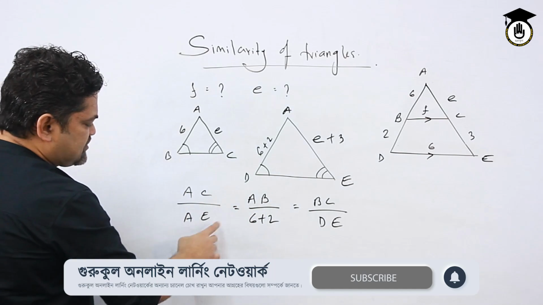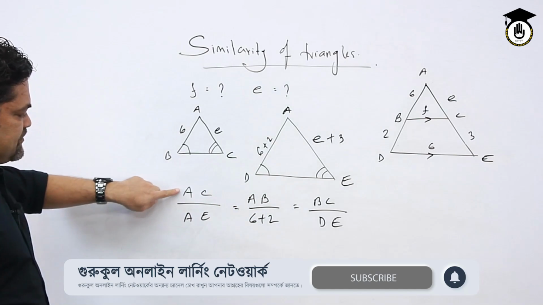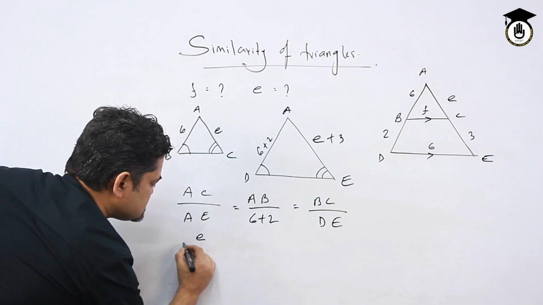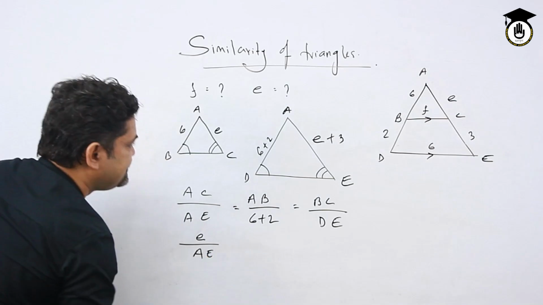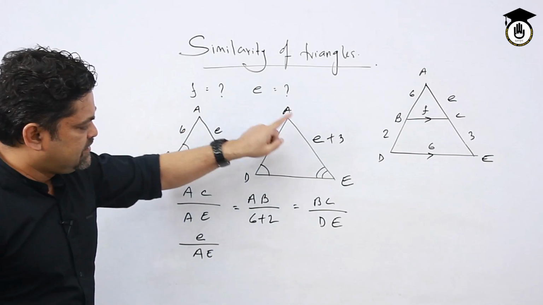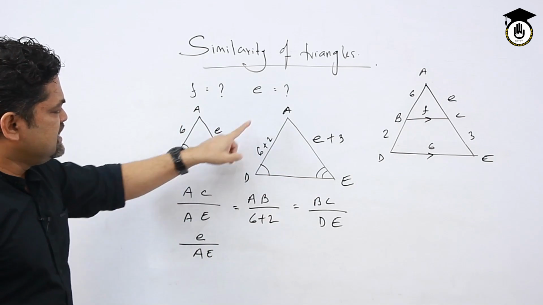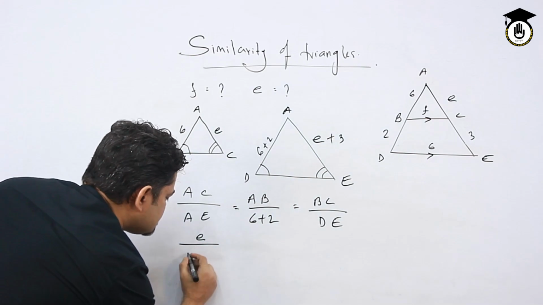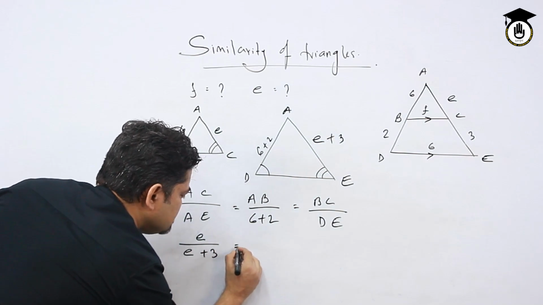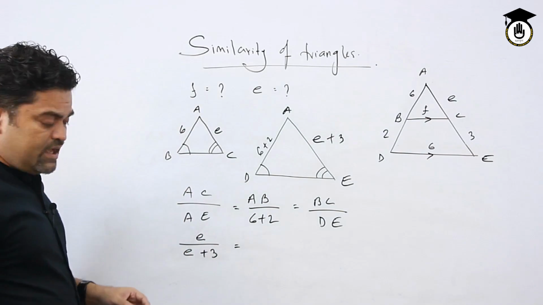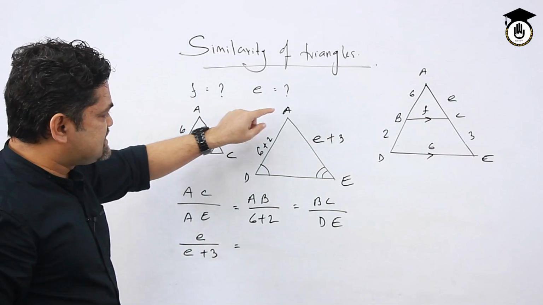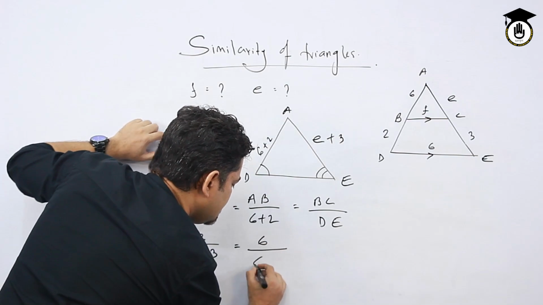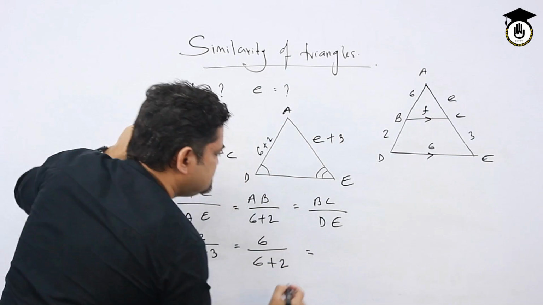So now you see that I have to find here, now I am putting the values of AC. What is AC? It's here. AC is given E. So E by AE. AC is E and AE is E plus 3. So let me write here the values. Instead of AE, I can write E plus 3. The same way, what is the value for side AB? Here it is given, AB is 6, and at the bottom it's 6 plus 2.